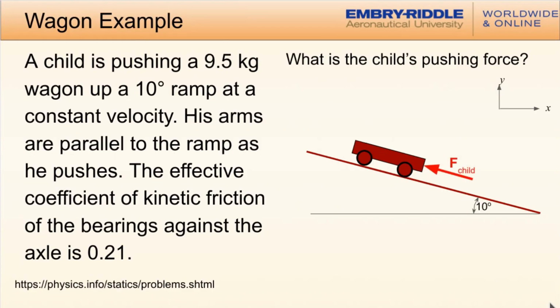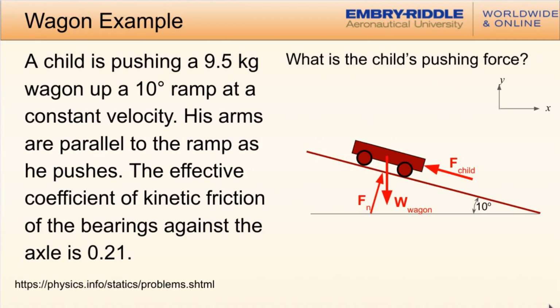We have the force of the child, which is what we're after. So we need to have that on our drawing. We also know this wagon has a weight, so we put the weight of the wagon pointing downward.